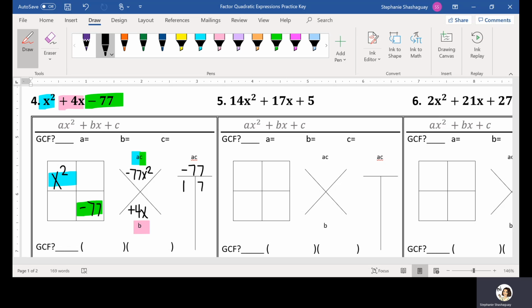It's 1 and 77, or 7 and 11. But because I need a negative 77, that means one of these has to be negative, either the 1 negative or the 7 negative, or I could have negative 77 or negative 11.